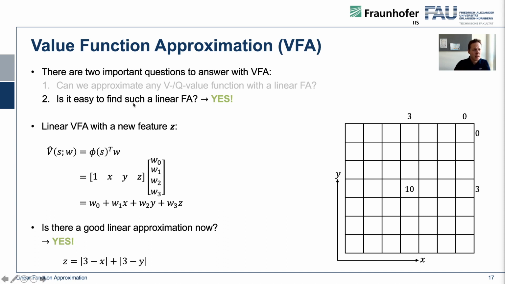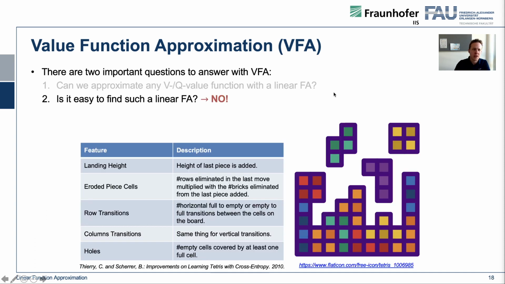So, coming back to the question: is it easy to find such a linear function approximation? In fact, it is not. While estimating the parameters w to do a linear combination with the given features is possible, it puts a lot of pressure on defining a valuable set of state features that allows a linear combination of them to estimate your value function.